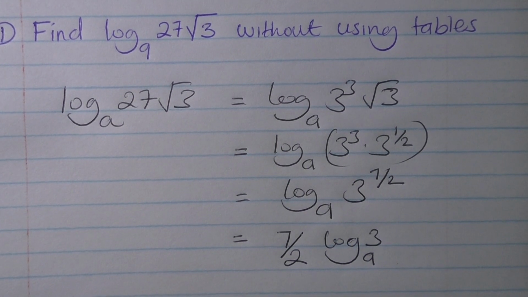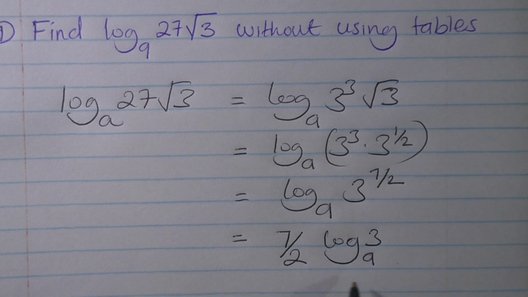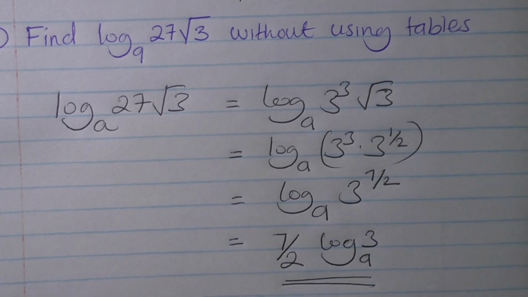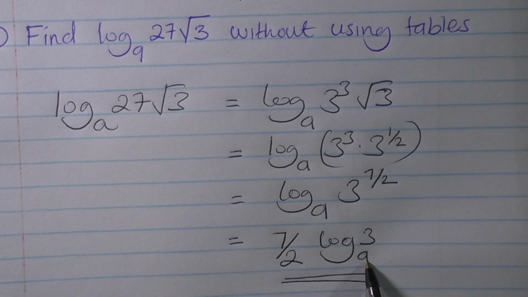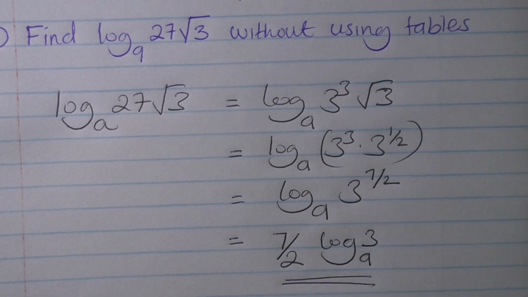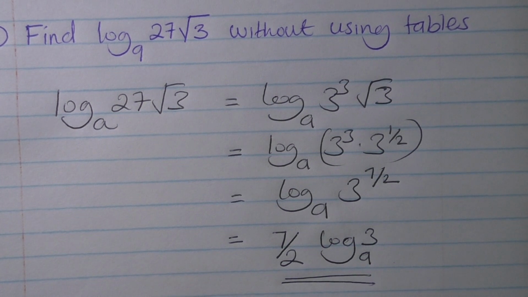That is our final expression. Otherwise, this a is an unknown, so we cannot go further. If it was a known number, then we could simplify that.